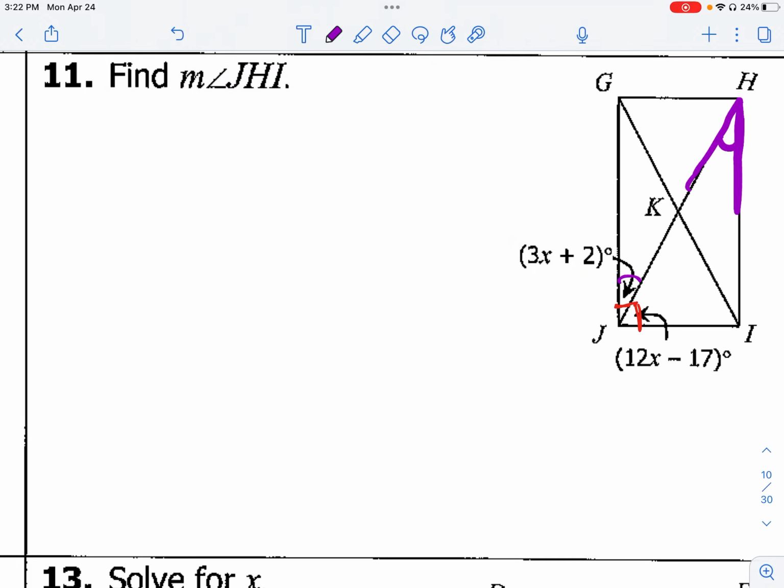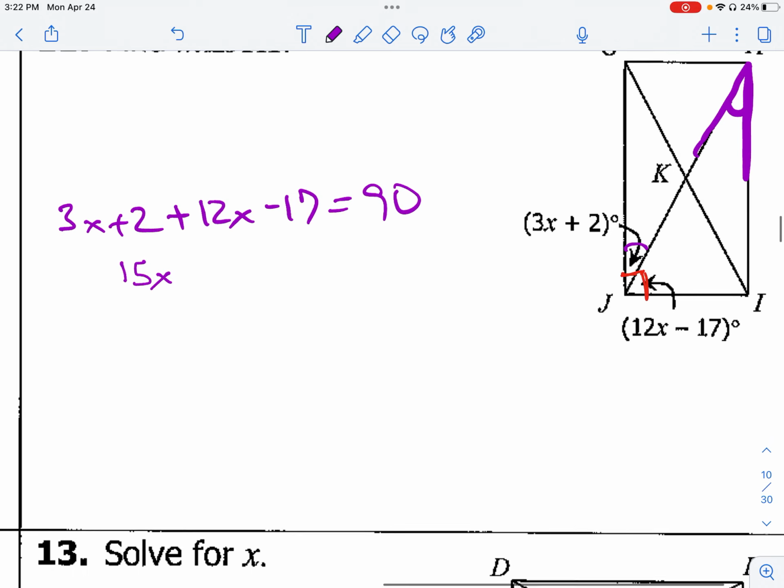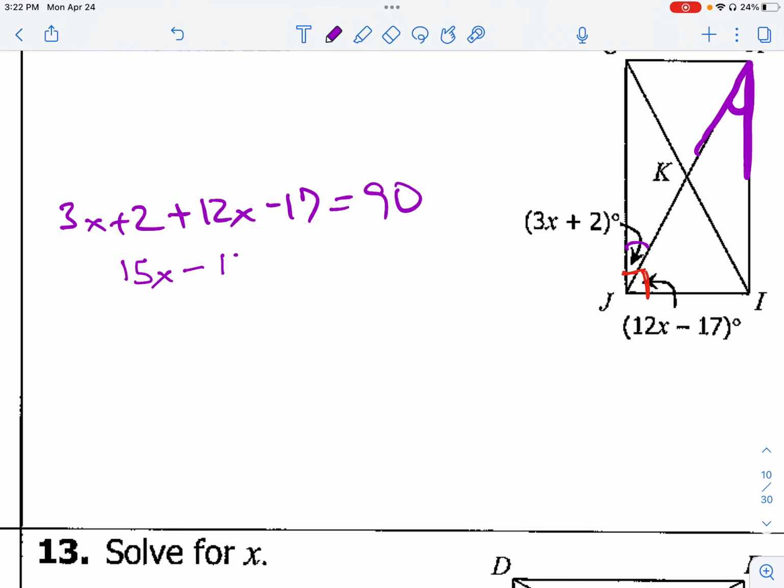So 3x plus 2 plus 12x minus 17 equals 90 degrees. Why? Because all right angles are 90 degrees. So let's combine like terms. 3x plus 12x is 15x. And then we got 2 plus a negative 17 is a negative 15 equals 90.